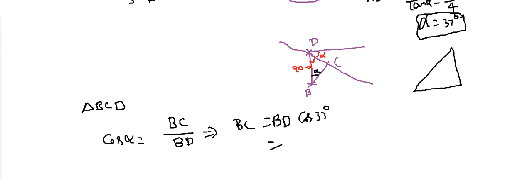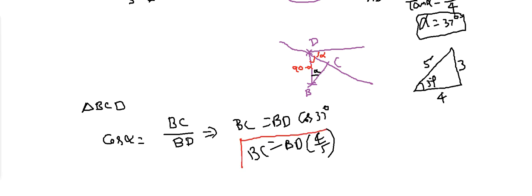In a right angle triangle, if I call this 37, tan 37 is opposite by adjacent, so hypotenuse becomes 5. So tan 37 is 3 by 4, therefore cos 37 becomes 4 by 5. So this is BD times 4 by 5. If I know the value of BD, then it is possible to calculate the shortest distance between the two points.